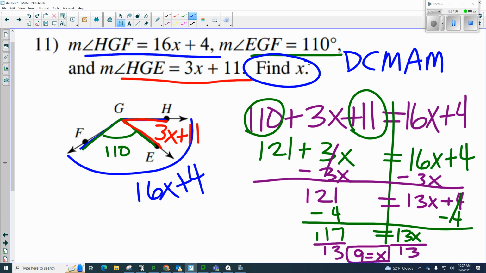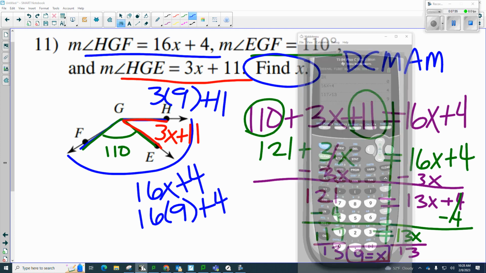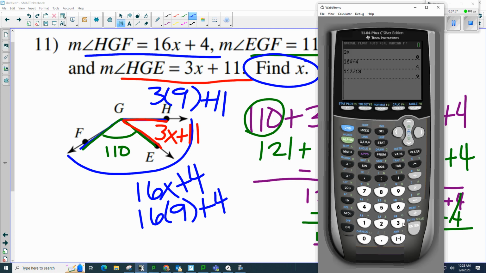But if it did ask you to find one angle HGE, you would just go back here and you plug in your value, 3 times 9 plus 11. And let's use the calculator real quick here and check our work. Okay, we could do 16 times 9 plus 4, and let's see how we did. Okay, so 3 times 9 plus 11 gives us a measure of 38 for this angle.